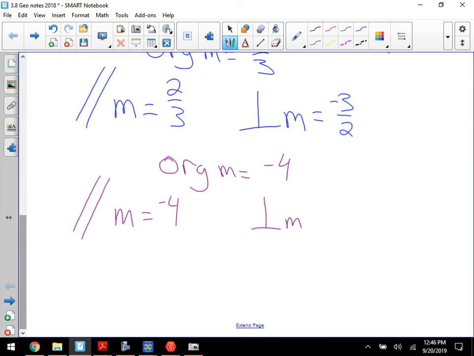Then, perpendicular: change the sign, flip the fraction. Positive 1/4. Remember, when you have a whole number, guys, it can always be written as 4/1. So you just flip it, and that's where you get that 1/4. Okay. That's kind of what we're getting at here.